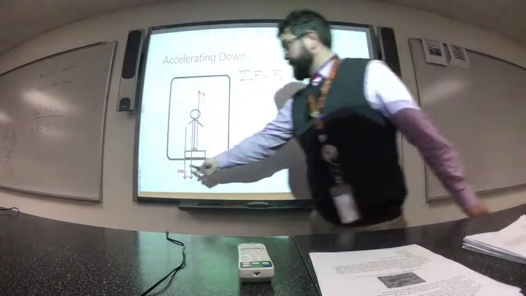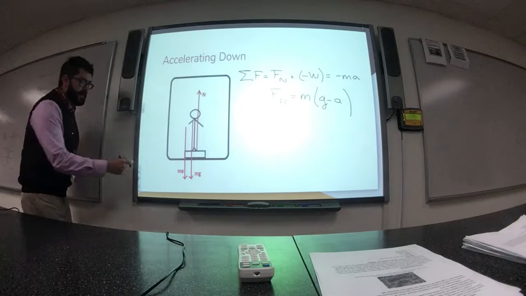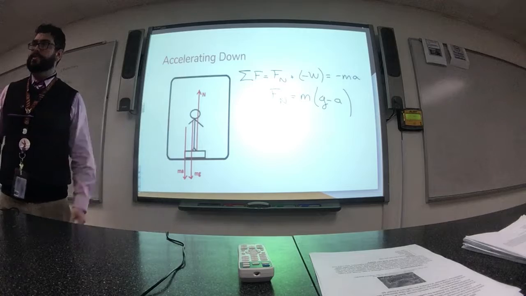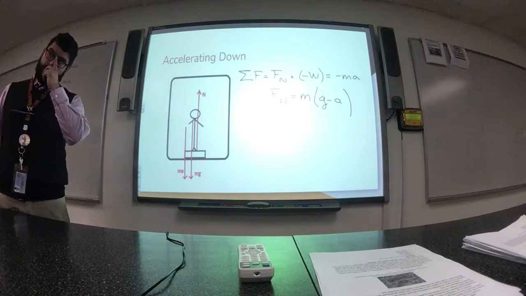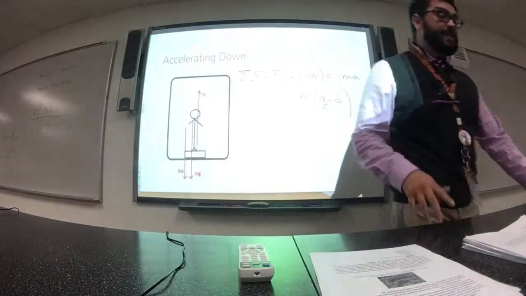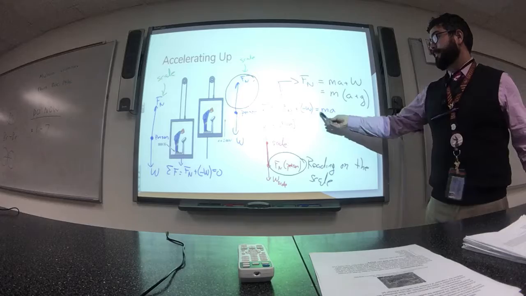This MA comes from the fact that I am accelerating down. You can think of it as the net force, but it's really the elevator accelerating downwards. Why can we write it for the other one? We did, well, I did not draw it, but we did write it. Equals MA.